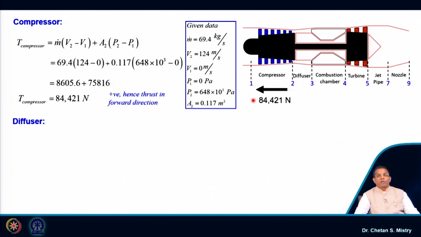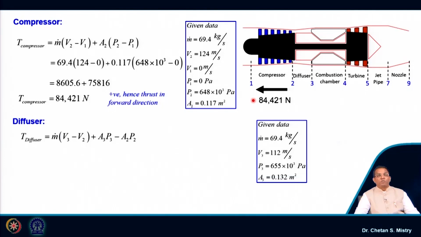Now, let us look at the next component, that is connecting my compressor and combustion chamber. It is my diffuser. For the diffuser also the information which is available, my exit velocity is 112 meter per second, my exit pressure also is known to me, my exit area also is known to me. Let us put these numbers.